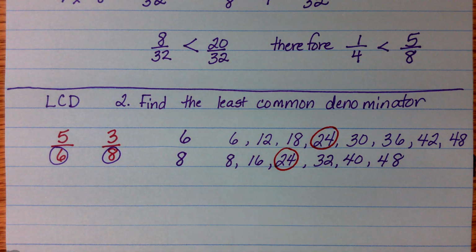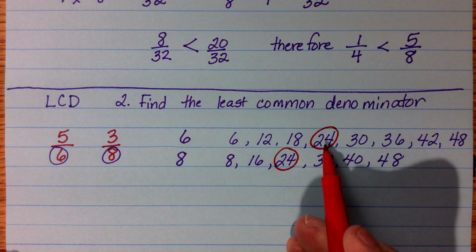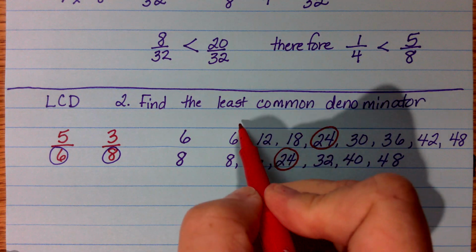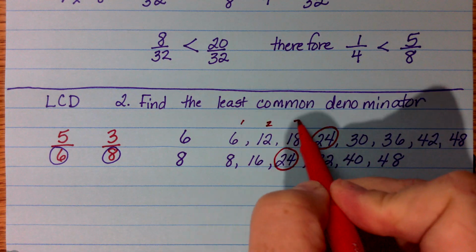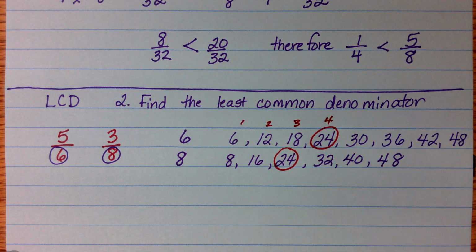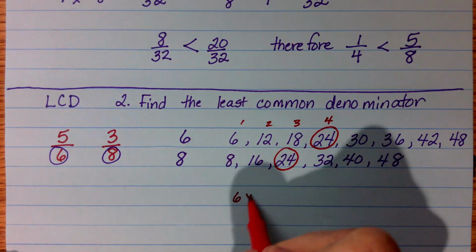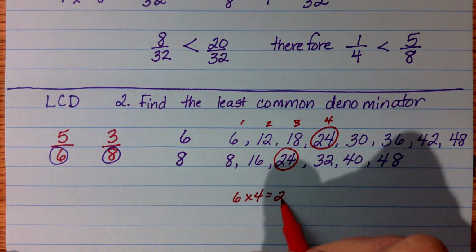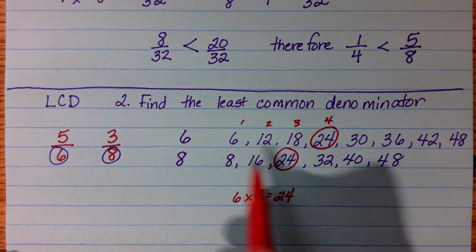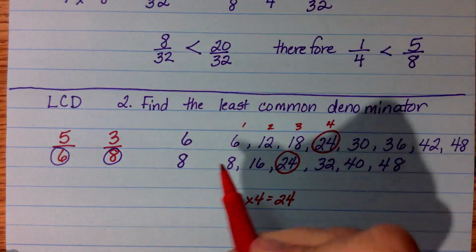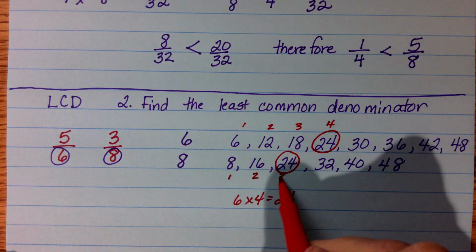So now I have to say, okay, this multiple of 6 comes from multiplying by 1, 2, 3, 4. So 6 times 4 is 24. Multiples of 8: 1, 2, 3.